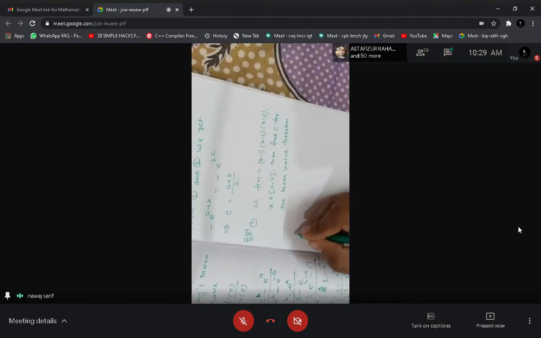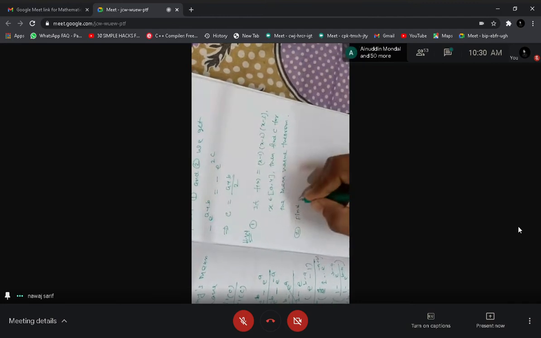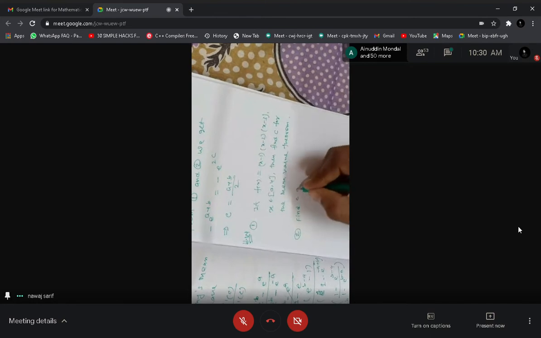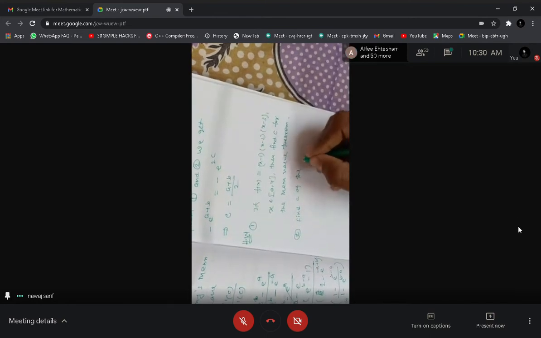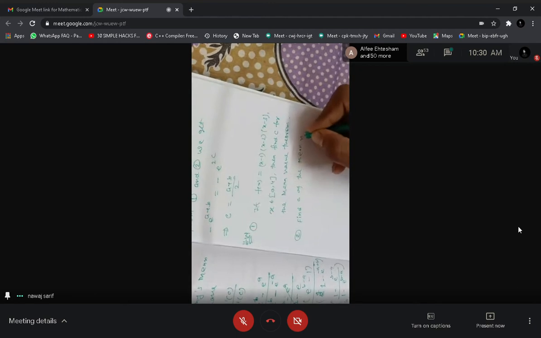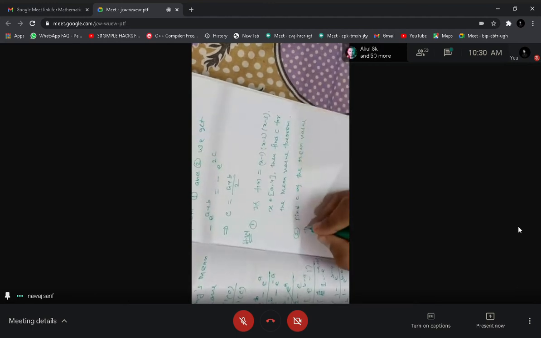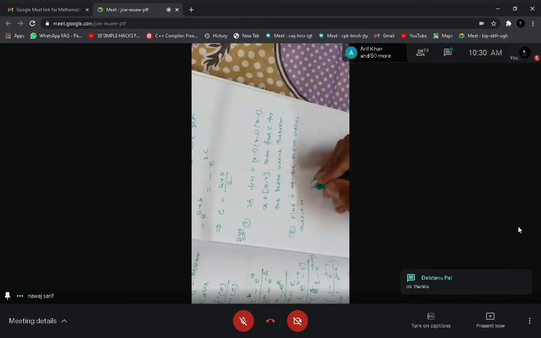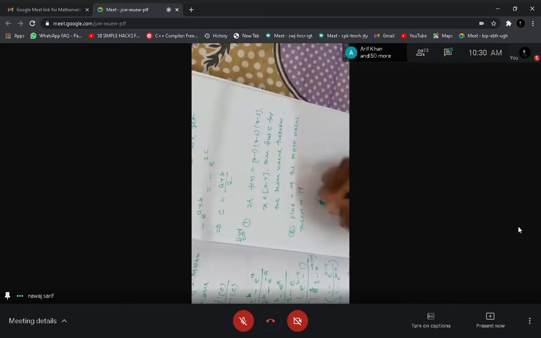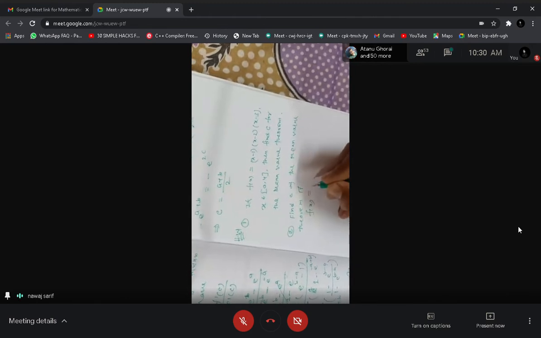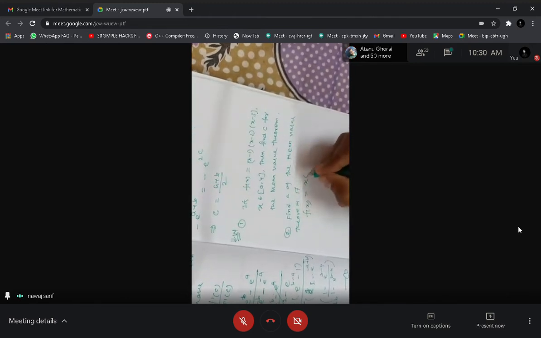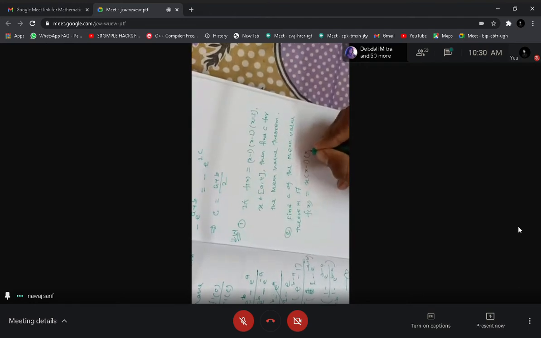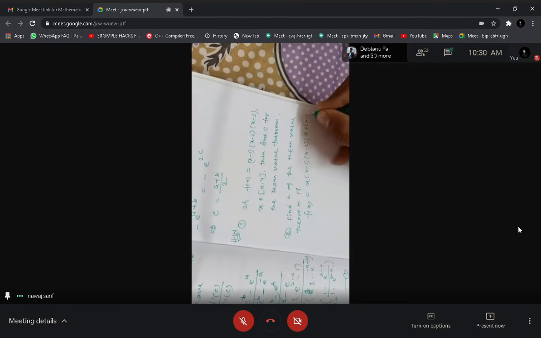The second one, find c of the mean value theorem if f(x) equals x into x minus 1, x minus 2, where x belongs to 0 to 1 by 2.